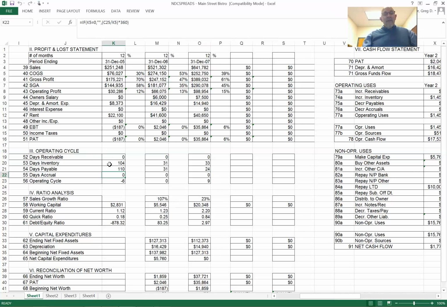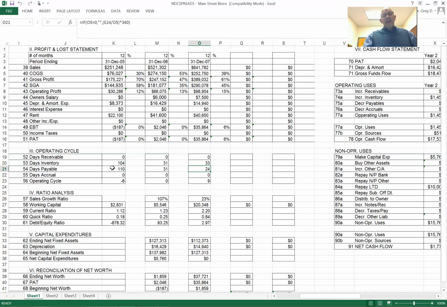But they do have inventory and they do have payables. So in 2005, they carried an average of 104 days of inventory. And it took them an average of 110 days to pay their payables. All right. Here we're down to 31 and 31, and here we're down to 33 and 24.